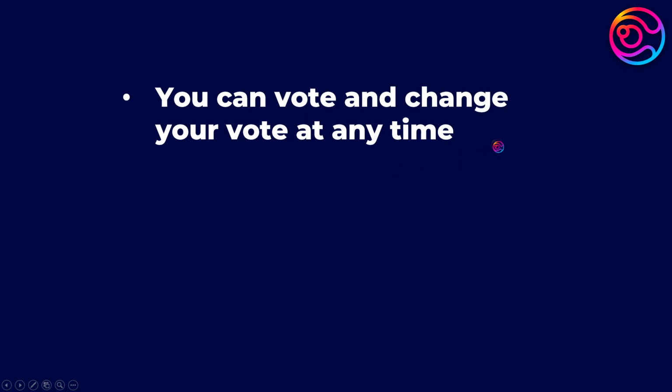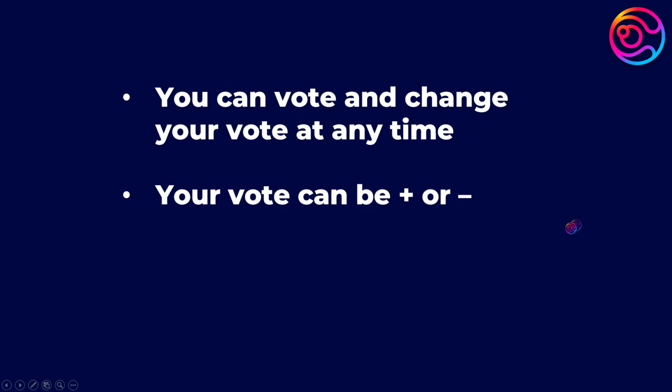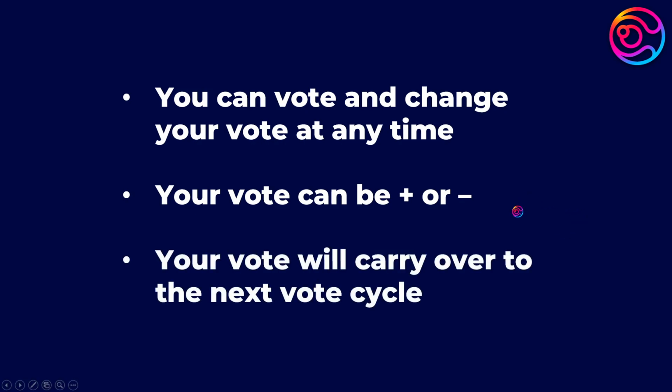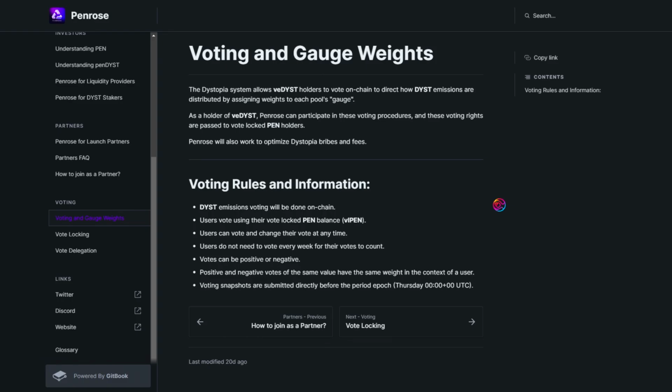You can vote and change your vote at any time, your vote can be positive or negative, and you do not need to vote every week for your vote to count. That is, your vote will carry over week to week. According to the official Penrose documents, voting snapshots are submitted directly before every Thursday at midnight UTC.